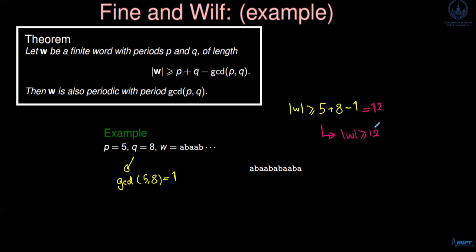So this example demonstrates how Fine and Wilf's theorem reduces two periodicities to a single periodicity when the word's length satisfies the given condition.